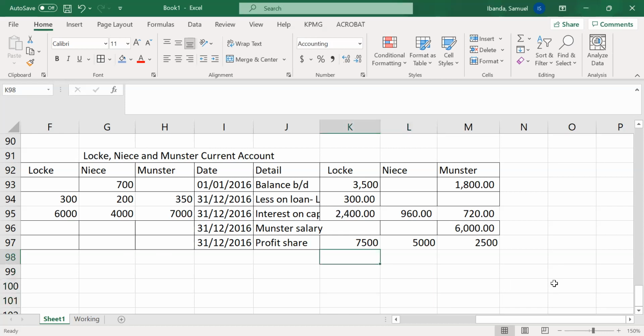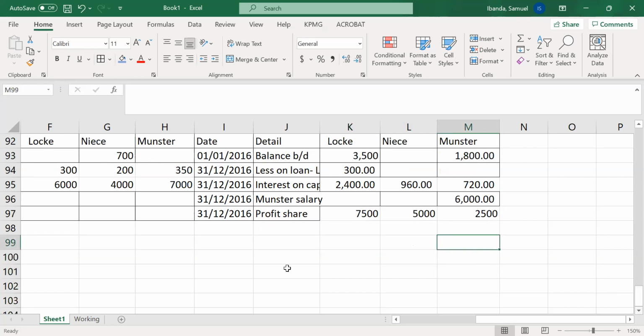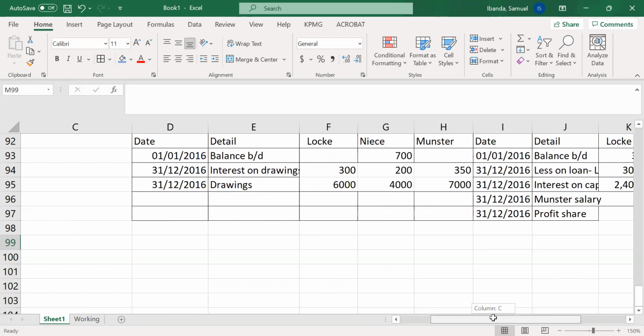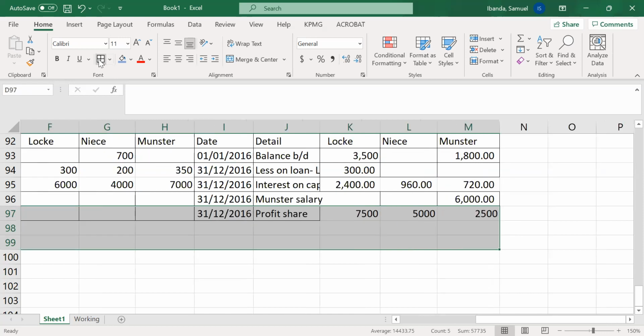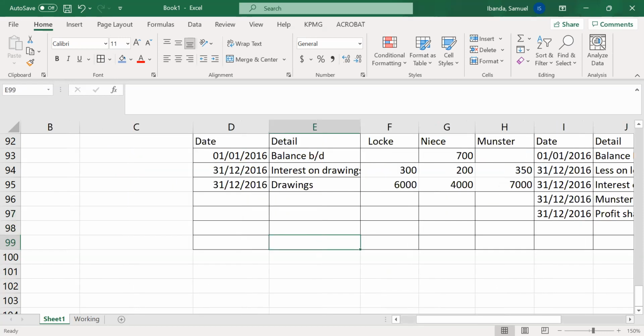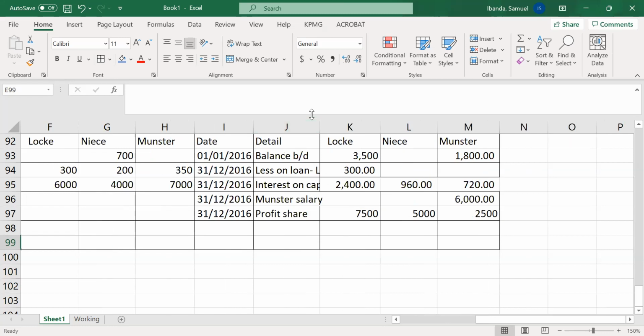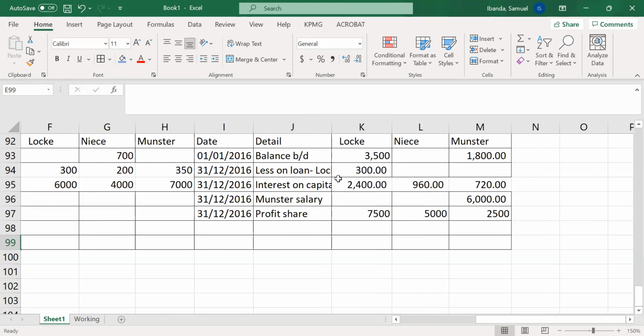So after you have done that, you now close off the balance of your current account. So what we shall have is, we can add this side.